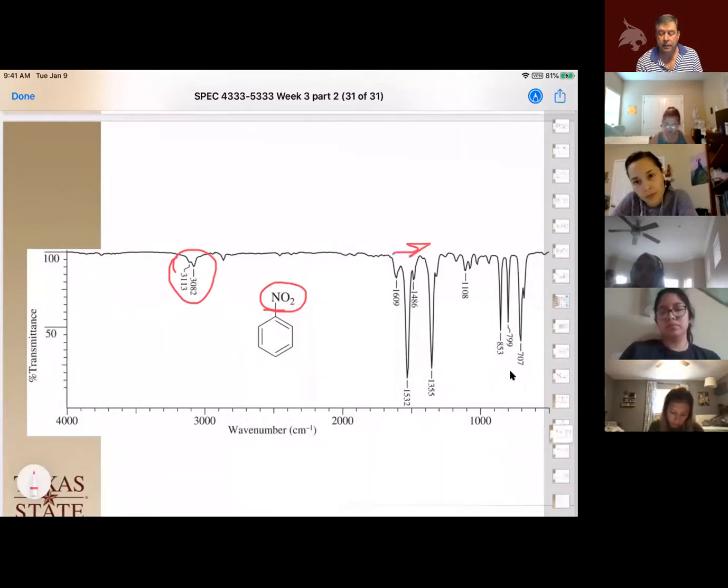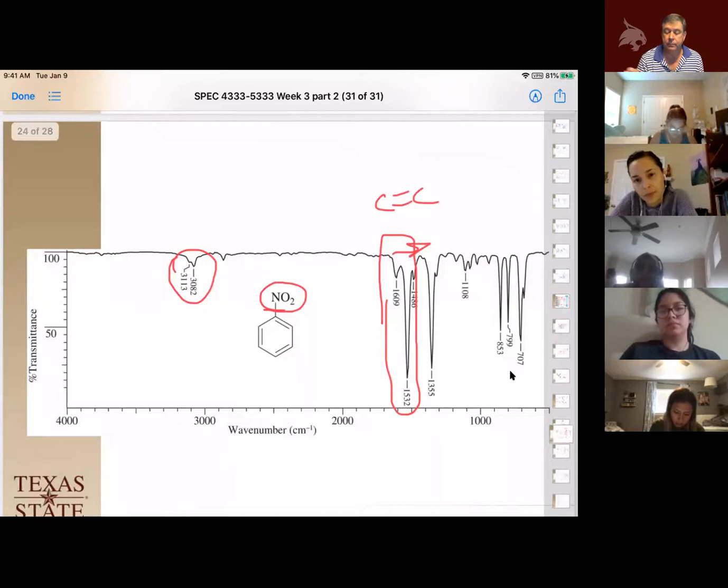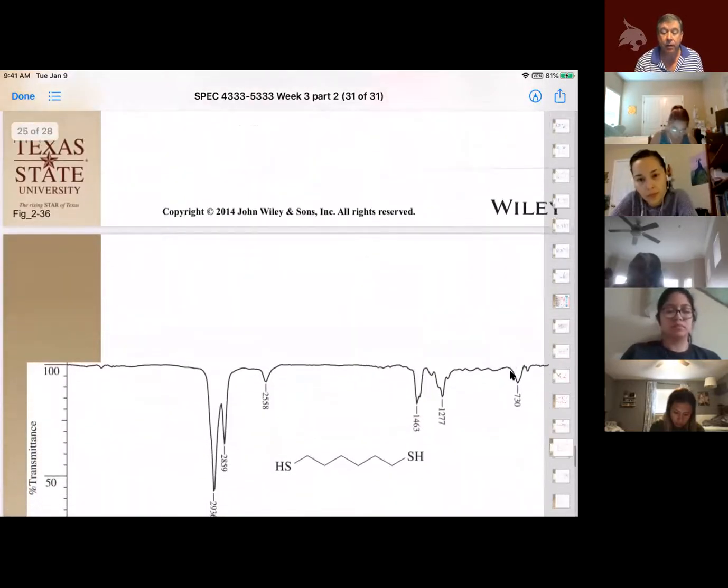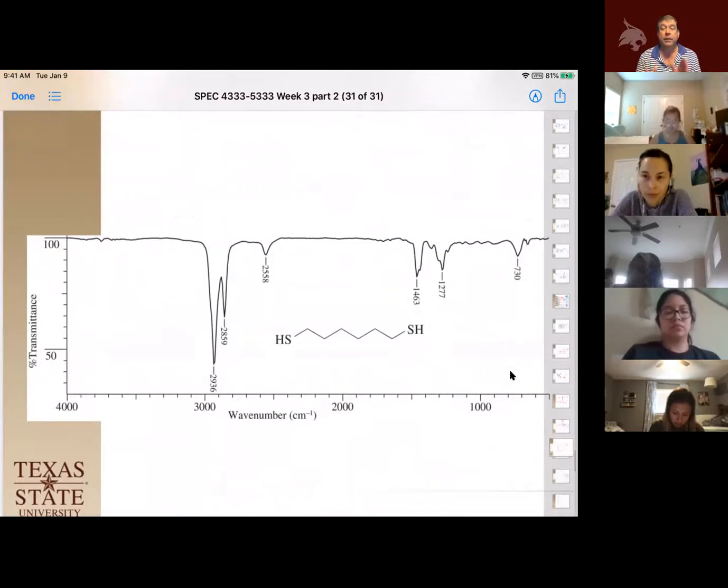The 1600 and this number here are for the benzene ring, the carbon-carbon double bond. And everything else is pretty clean in that area. This should be the thiol. Yes. The only other thing that shows up in that 2500 to 2000 range is the thiol, okay?